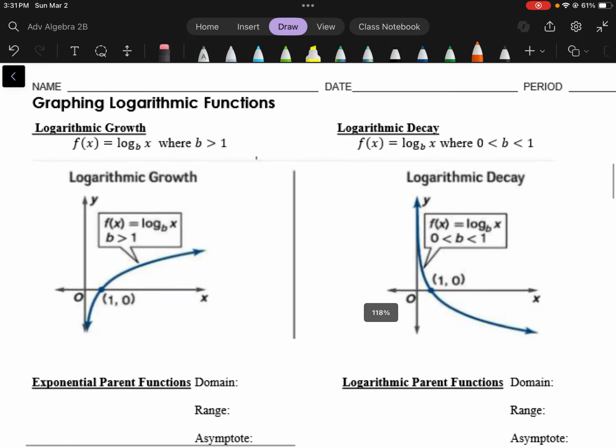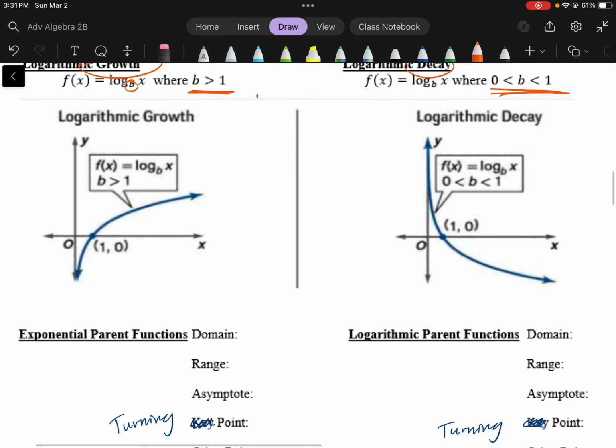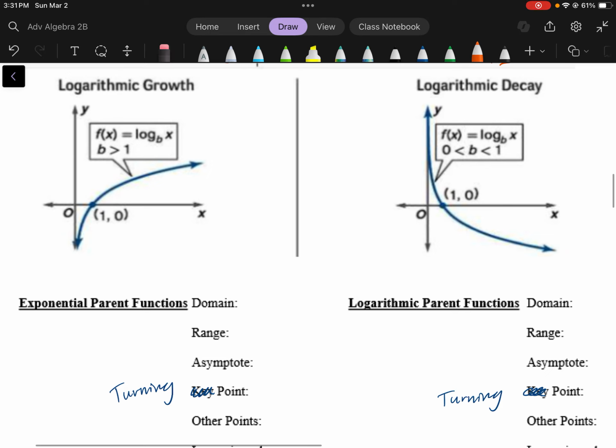Okay, so we have graphing logarithmic functions. b, the base value, is still b for base. If it's bigger than 1, you're growing. If it's between 0 and 1, you're decaying. All kind of makes sense, but it's the curve of the actual graph itself that changes.